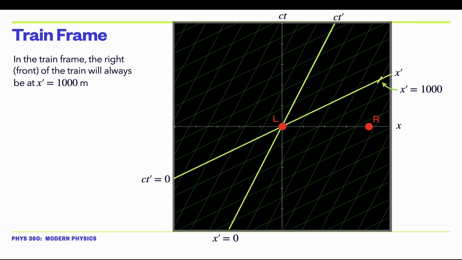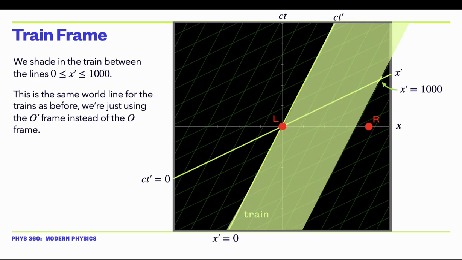Okay, so we are going to now draw in the train on the diagram. It's exactly the same that we saw before, but in this case, it's very simple to know where to draw it. We don't have to calculate the length contraction. All you have to do is count off on the x prime axis. There's the first tick mark, 250, 500, 750. There's 1000 right there. You can draw it in.